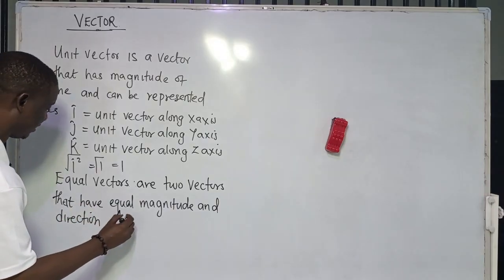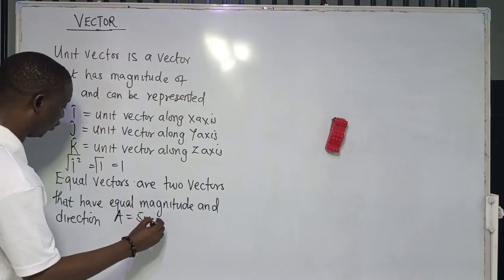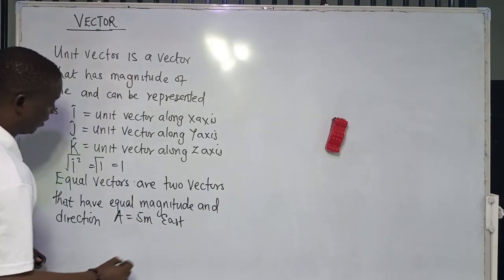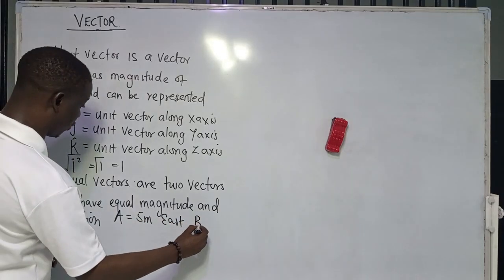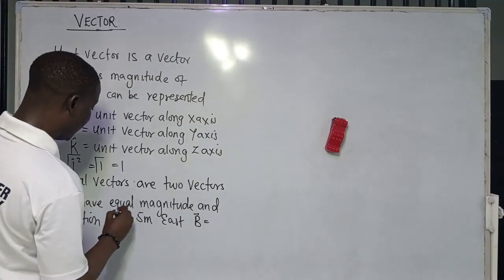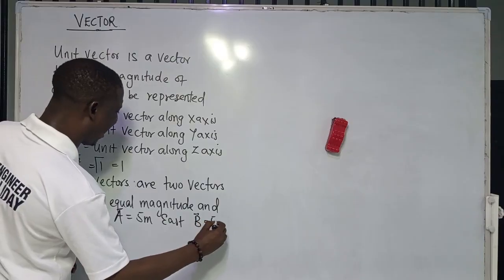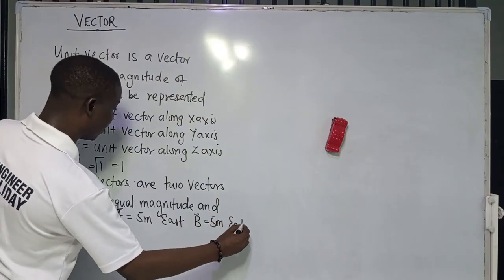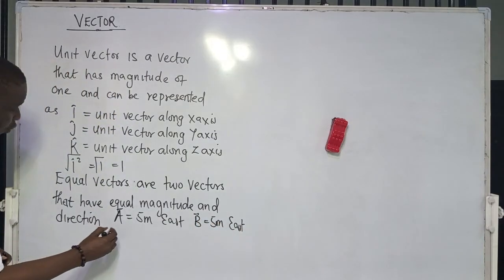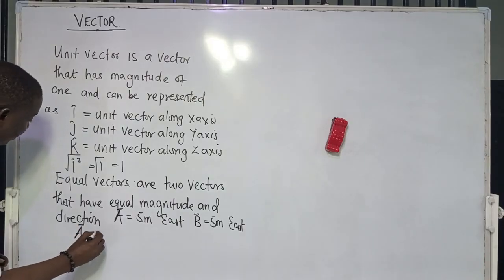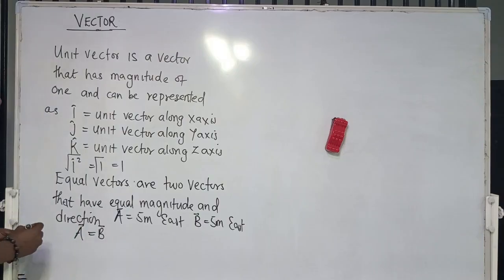If I say vector A, for instance, is 5 meter east, and vector B is also 5 meter east, I've just said that vector A is equal to vector B. How?